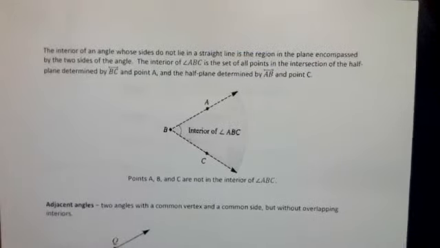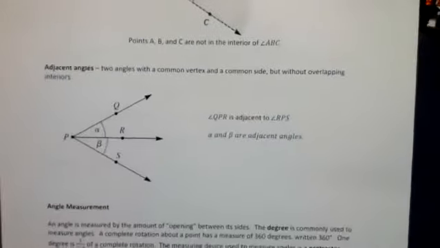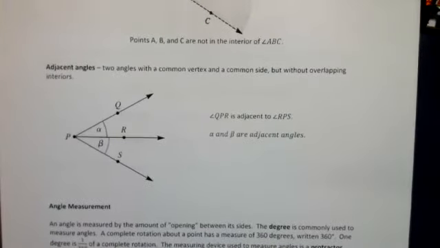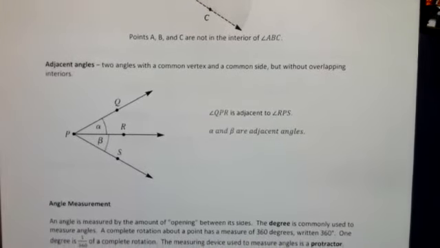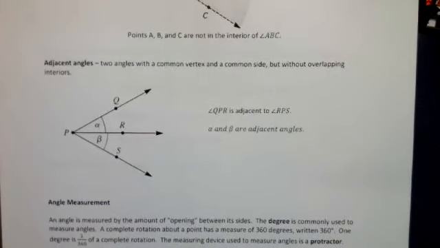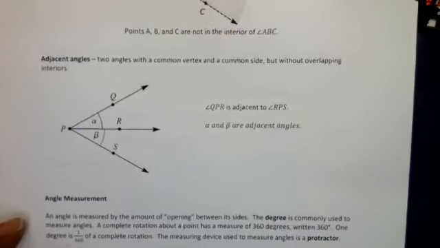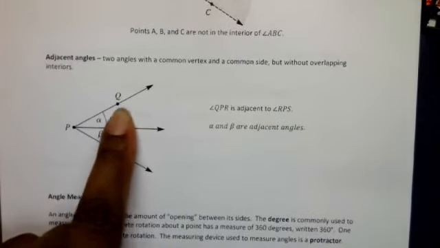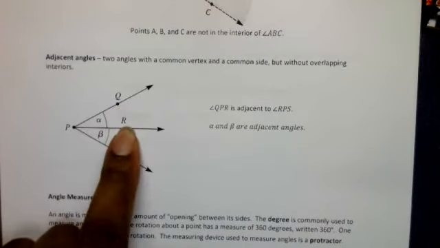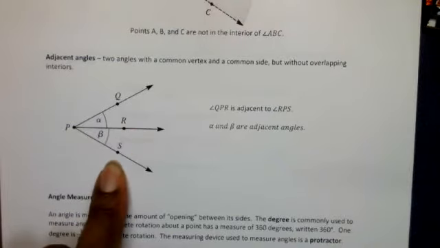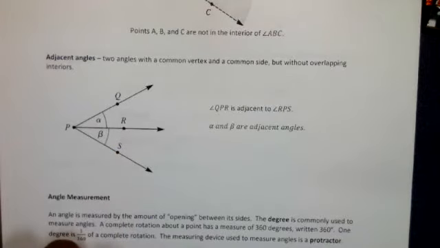Next we'll look at adjacent angles. Those are two angles with a common vertex and a common side, but without overlapping interiors. So in this illustration, angle QPR is adjacent to angle RPS, as you can see here. Those are angles that are next to each other.